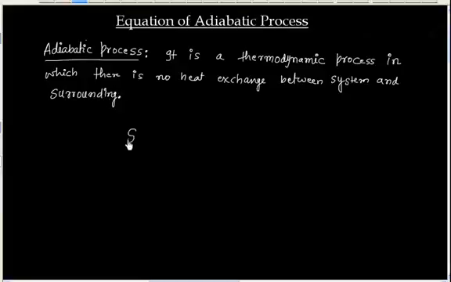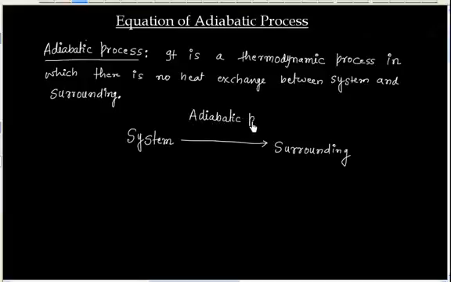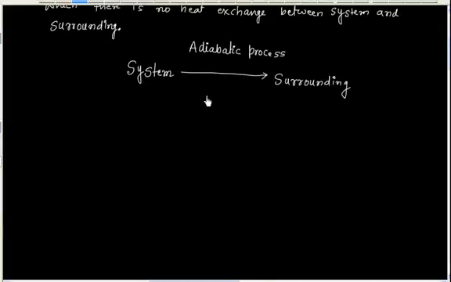So let us say we have a system and we have surrounding, and we have an adiabatic process. So in this process, basically there is no heat exchange.